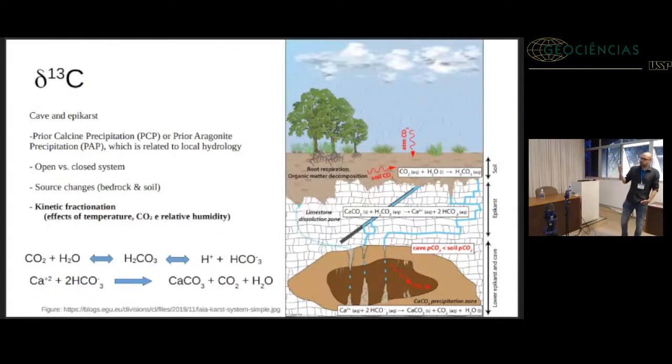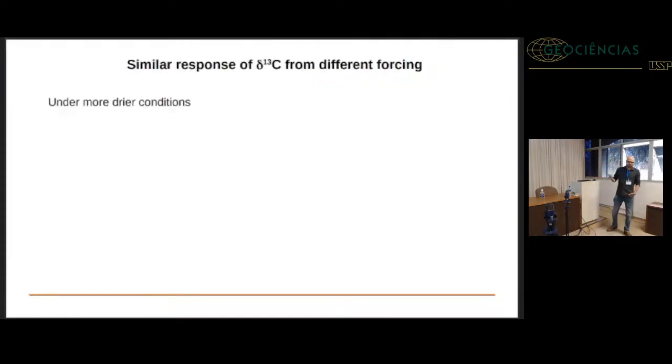So considering we have all these effects going together all the time in your speleothems, in your cave, is it possible to interpret δ13C? Well, the answer is: it depends. Many of these effects provide the same behavior in the variability of your δ13C. For example, they have a similar response. If you have drier conditions, you increase your PCP.